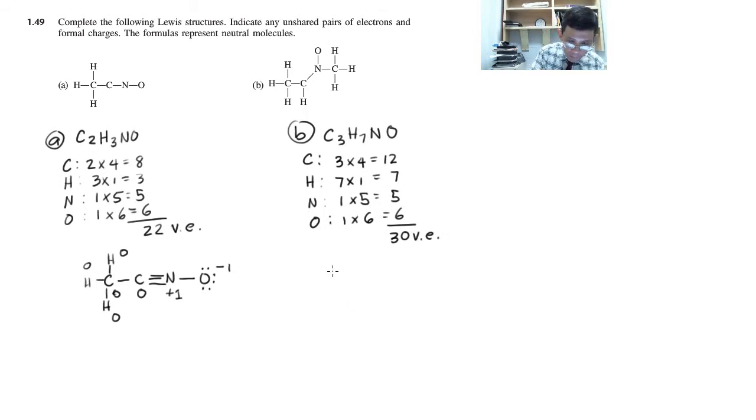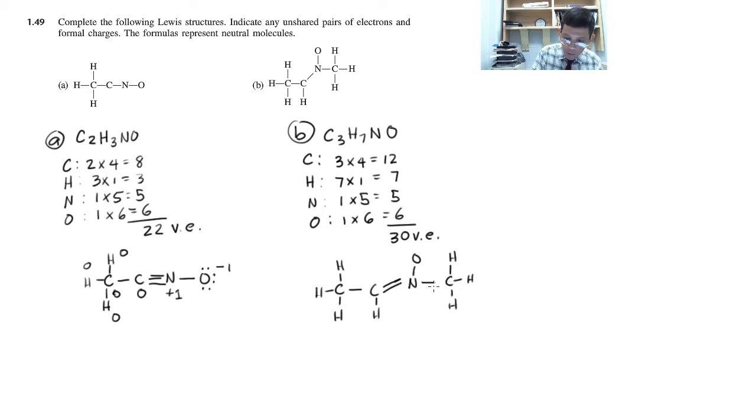Okay, so carbon surrounded by 3 hydrogens, then carbon, we have a hydrogen there, and then nitrogen, oxygen, and carbon, hydrogen, hydrogen, hydrogen. Okay, that carbon has an octet around it. That carbon does not have an octet around it, 2, 4, 6. So I'm going to form a double bond between that carbon and that nitrogen. That nitrogen has 2, 4, 6, 8 around it.